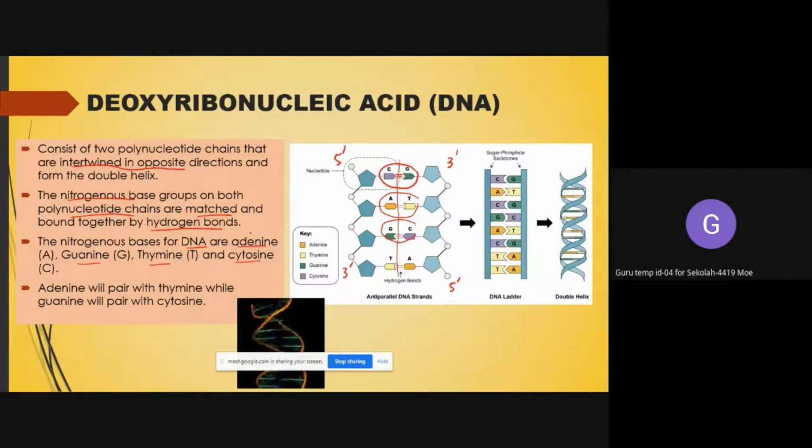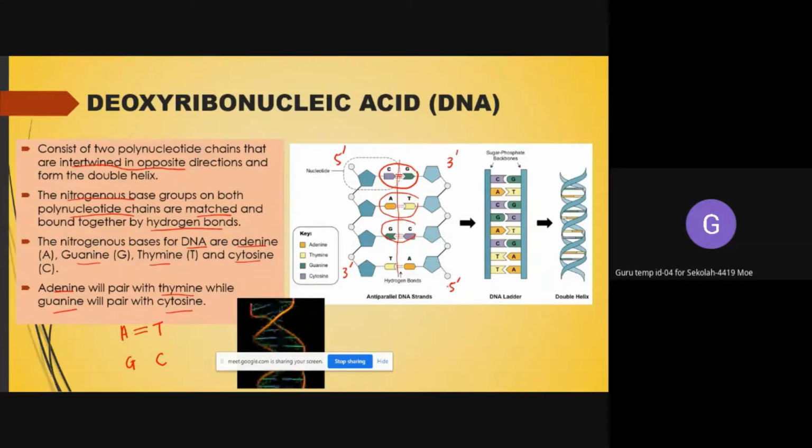Okay, adenine, guanine, thymine, and cytosine. Dan nitrogenous base ni dia ada pair dia. Adenine pair dengan thymine, while guanine pair dengan cytosine. Untuk hydrogen bond, adenine dengan thymine ada 2 hydrogen bond.